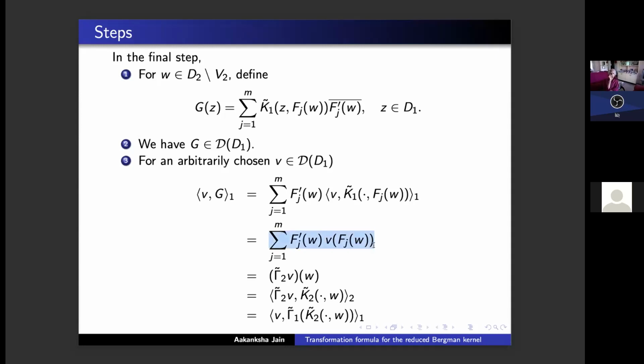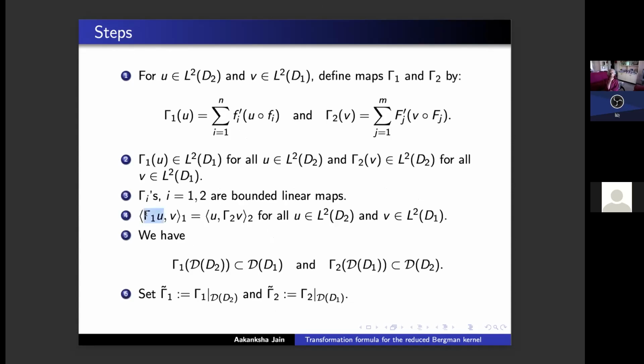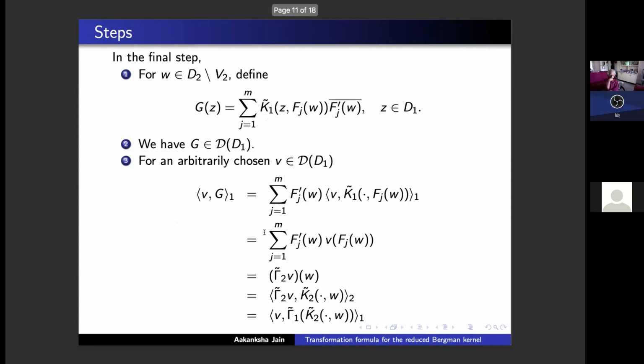This expression is nothing but gamma 2 tilde of v computed at w. Again, by the reproducing property of k2 tilde, this is in fact the inner product of gamma 2 tilde of v with k2 tilde of dot comma w. Now this is equal to the inner product of v with gamma 1 tilde of k2 tilde of dot comma w. So this comes from this property.